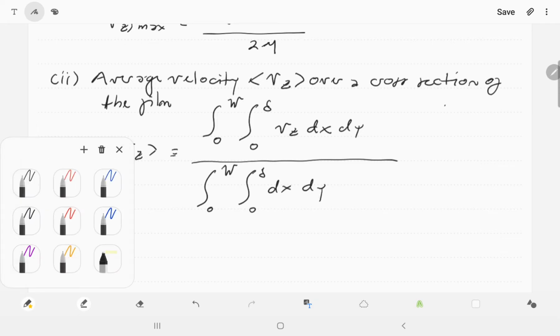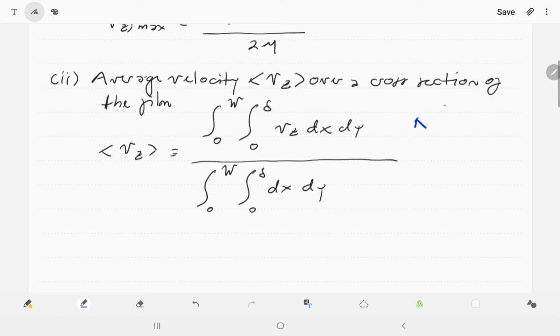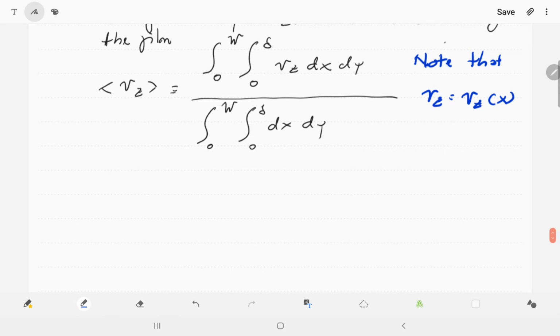Okay, and then it's very important for us to note that Vz in here is only a function of x. And then in here we can split this further into two different integrals, 0 to w dy, because Vz is only a function of x, so this dy can be split.